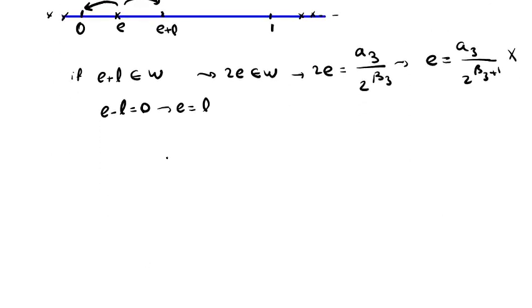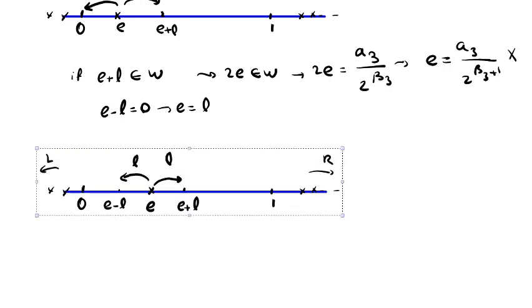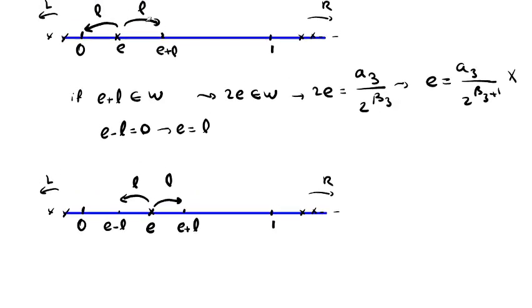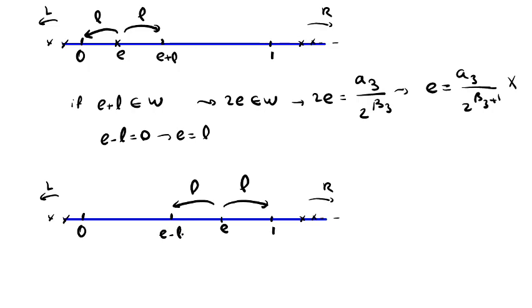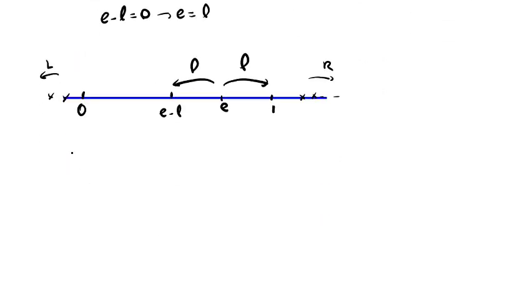And the last case we should check is when one of them is 1. So when this happens, like the previous case, B selects the right direction. And if e is near 1, you can say e is here, L is here, e minus L is here. So if e minus L is an element of W, then we know e plus L is 1.